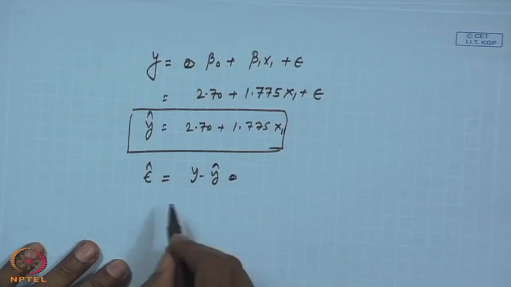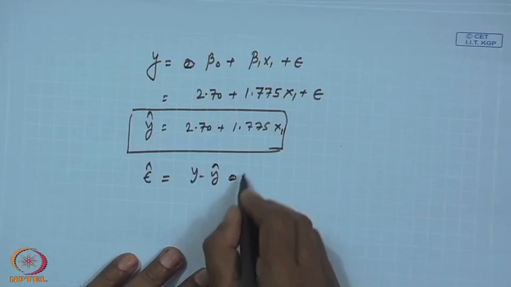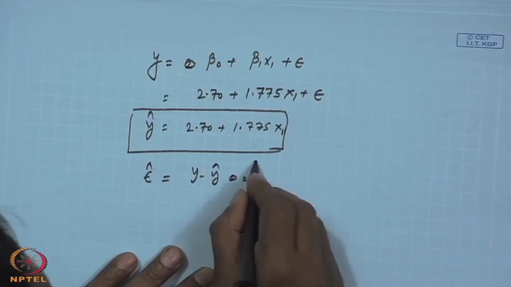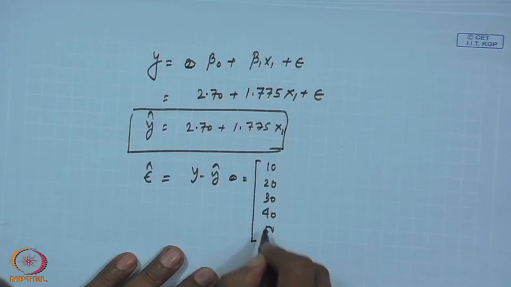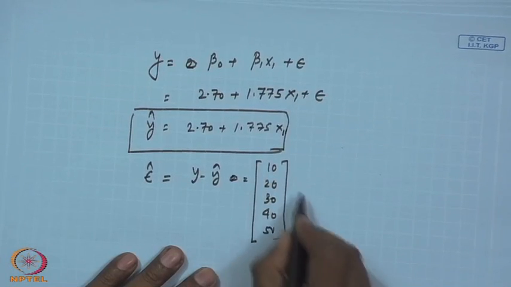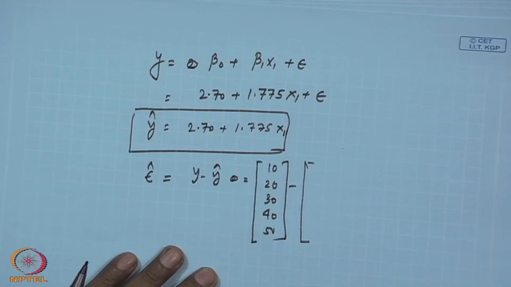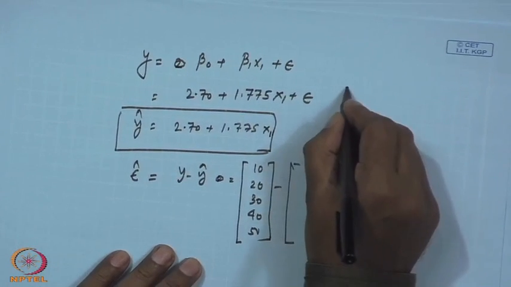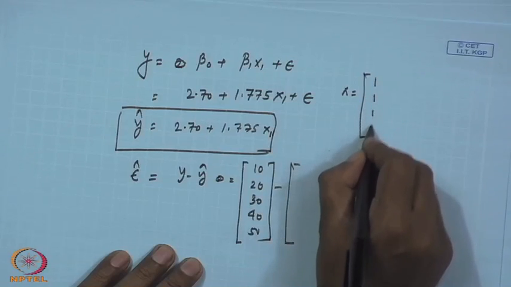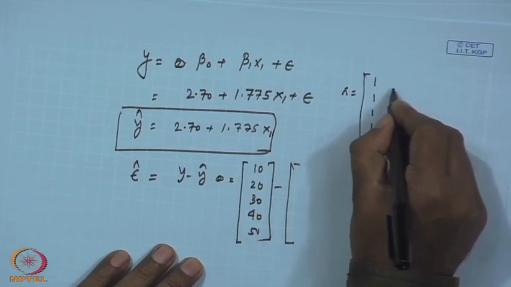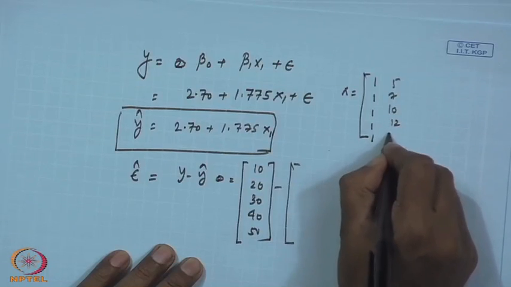So now you have y values like 10, 20, 30, 40, 50, and you require to find out y cap. How do you find out? You have x values also. X values are 1, 1, 1, 1, 1, then 5, 7, 10, 12, 20.